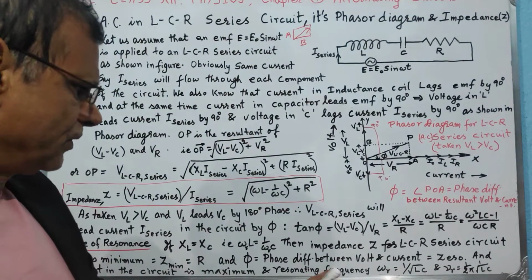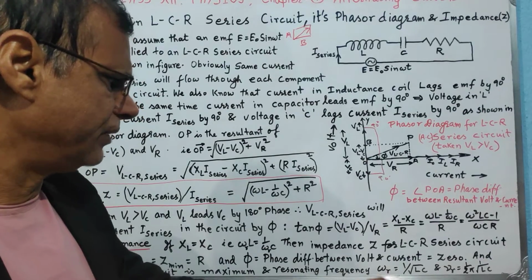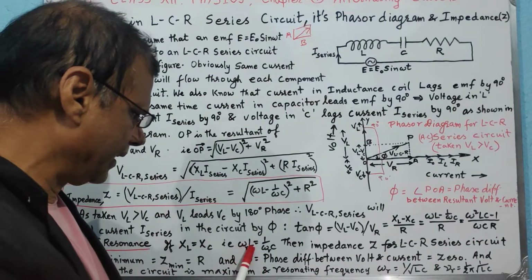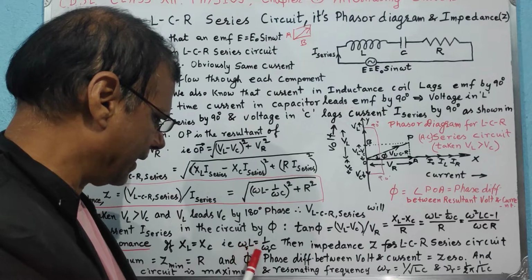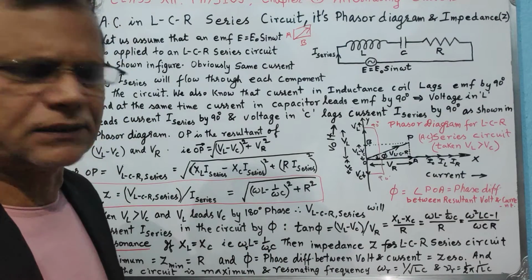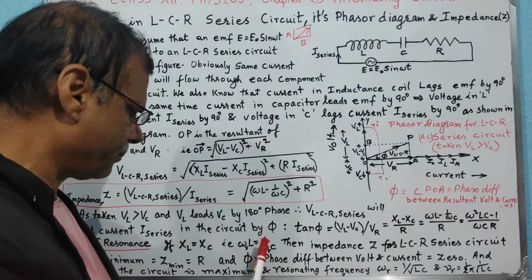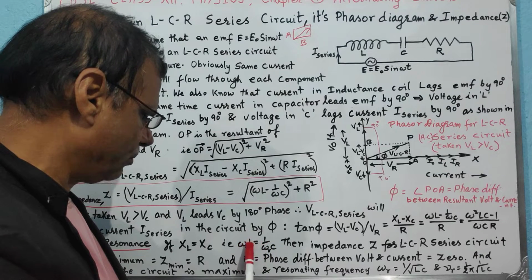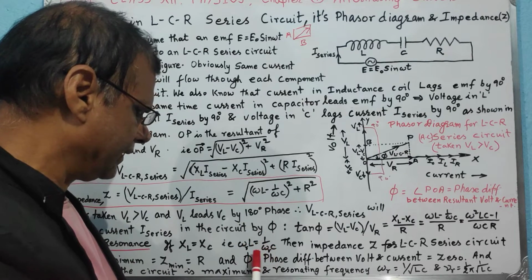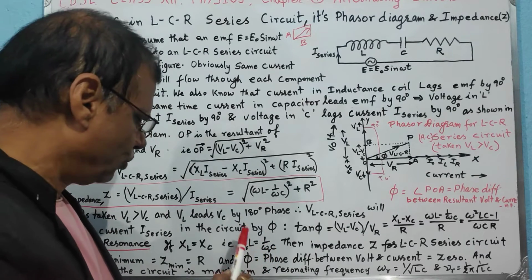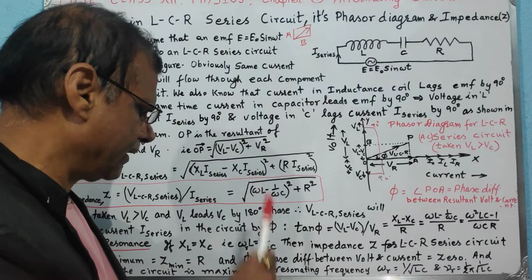The resonant frequency we can find using the relation omega R L equal to 1 by omega R C. So we get omega R square equal to 1 by LC, and therefore omega R equal to 1 by under root LC.